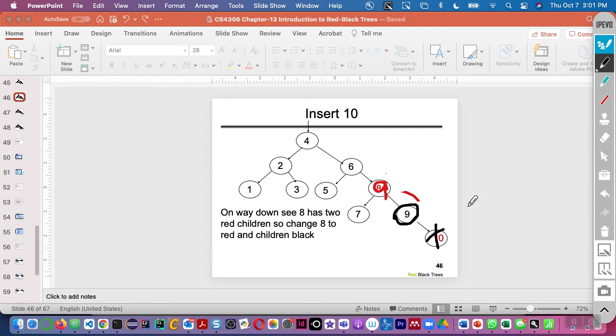Forget about this part. This part is done. Now this part. Is the 10 still there? 10 is still there. Okay, so then you just move up the 10 and then make it black.